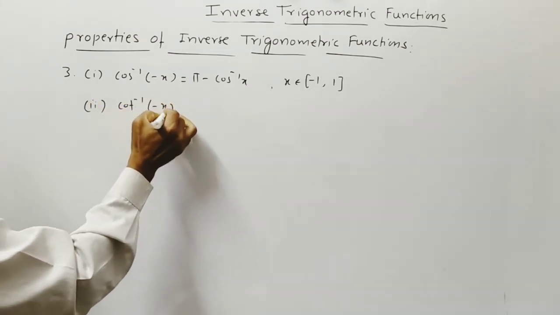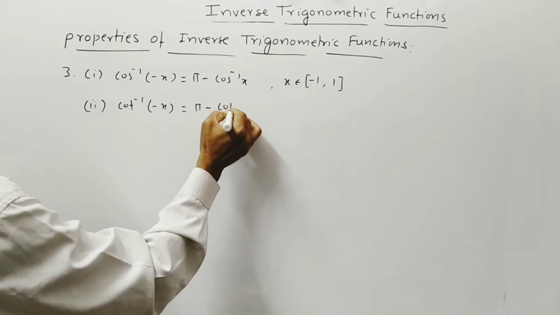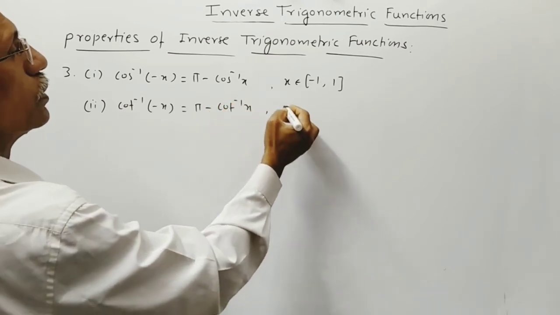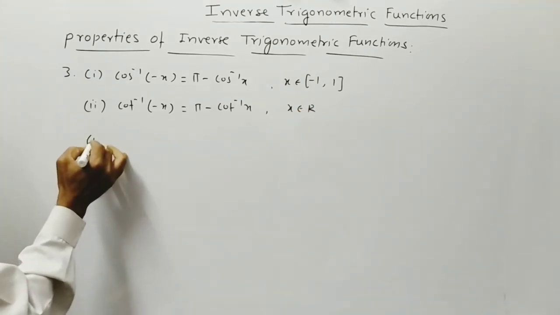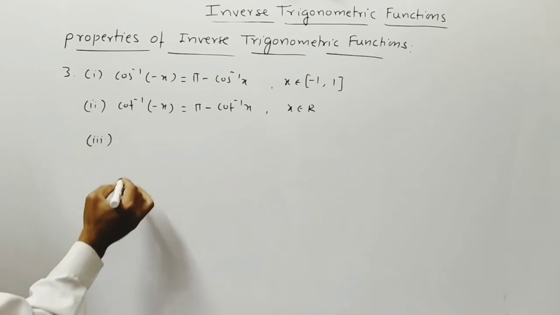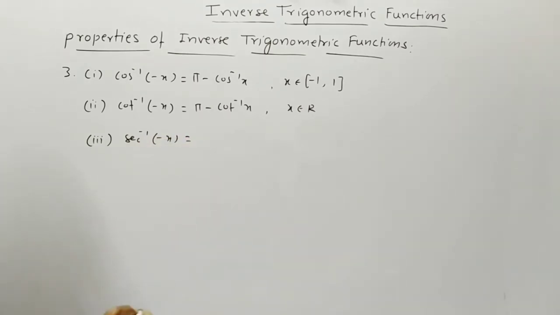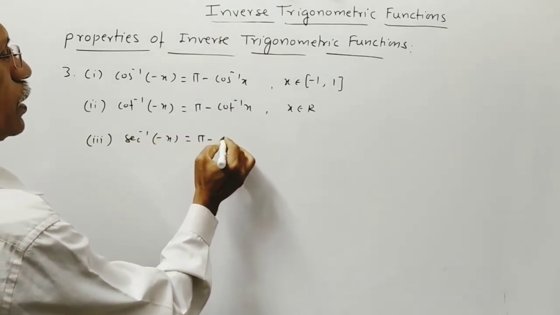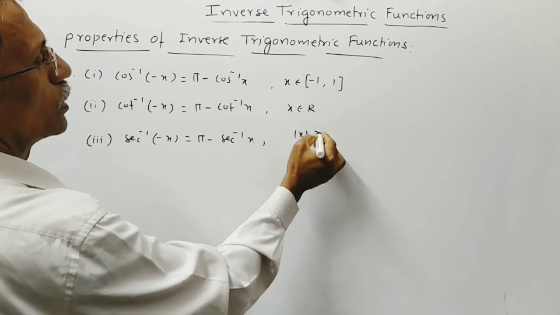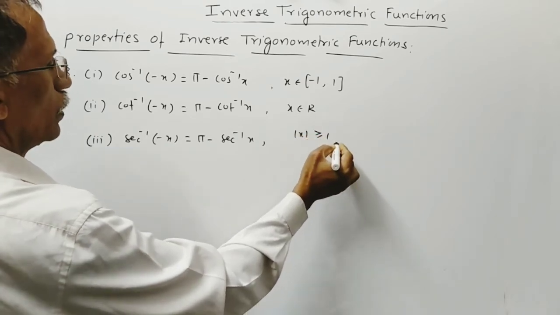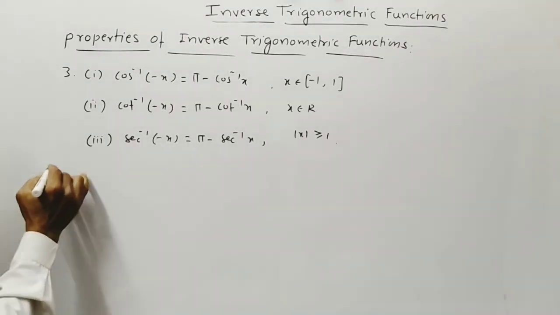Cot inverse of minus x is equal to pi minus cot inverse of x when x belongs to R. Third one, sec inverse of minus x is equal to pi minus sec inverse of x when modulus of x is greater than or equal to 1. Proof.